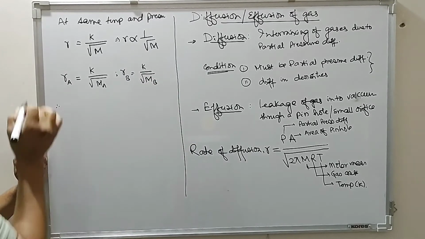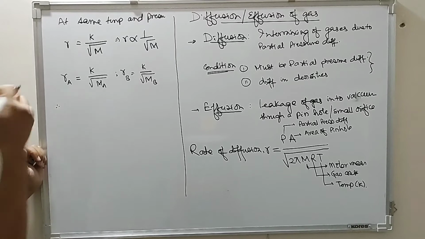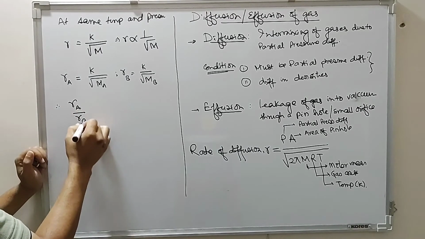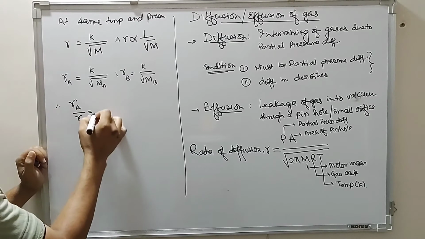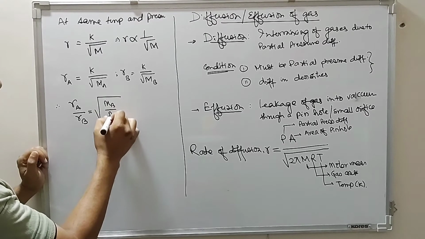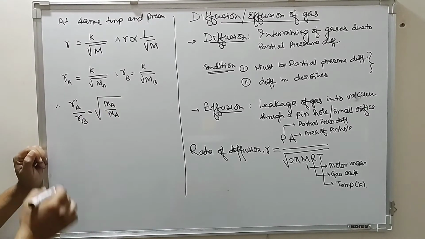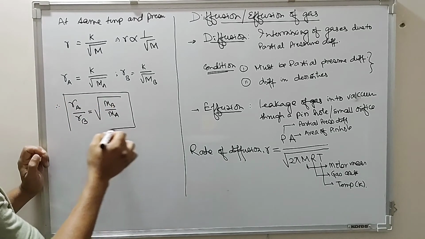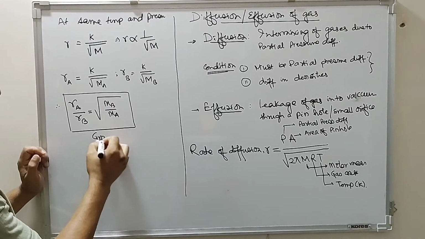So the ratio of rates of diffusion, Ra by Rb, is equal to under root of Mb by Ma. This equation is known as Graham's law of diffusion.